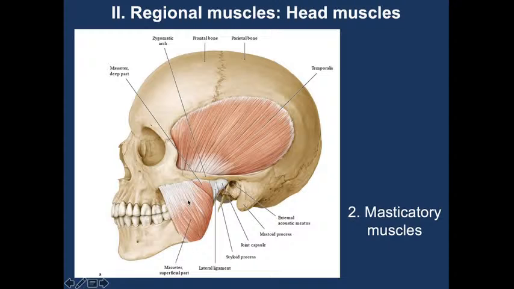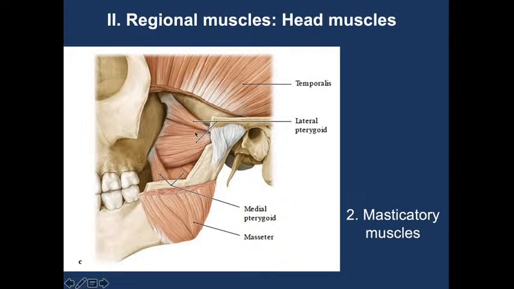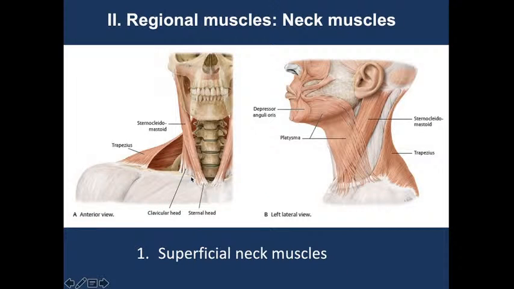These are the musculus temporalis and musculus masseter. And the other two, we call them pterygoid muscles, are inside, under the mandibula. In order to see them, we could cut the mandibula and see the two pterygoid muscles.